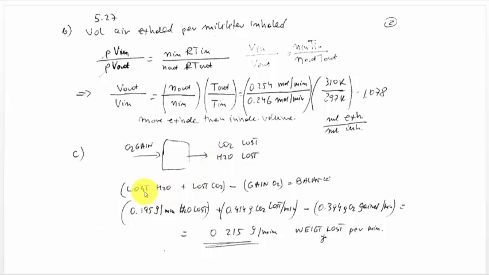So water lost plus carbon dioxide lost minus oxygen gained gives us the required balance. When we substitute the numbers into this equation, the final weight loss would be equal to 0.215 grams per minute.